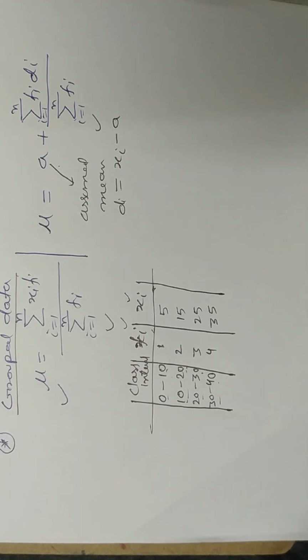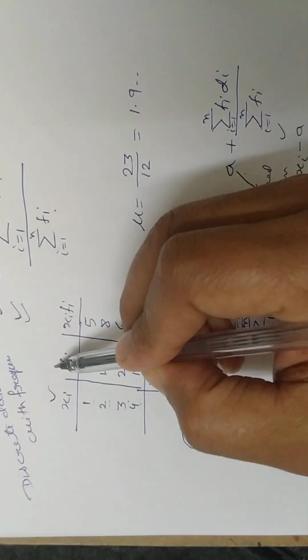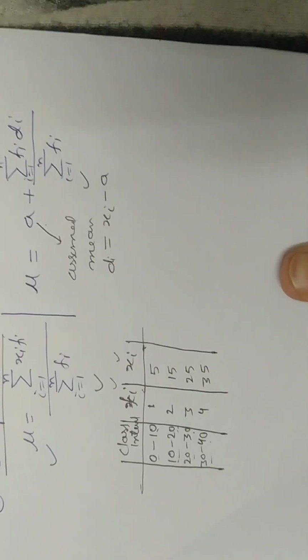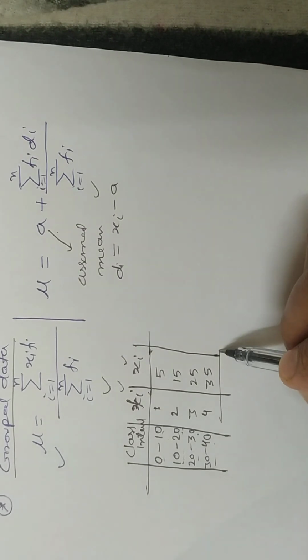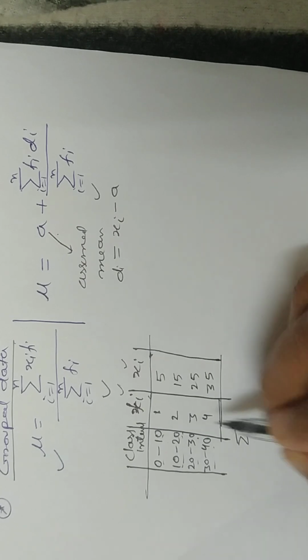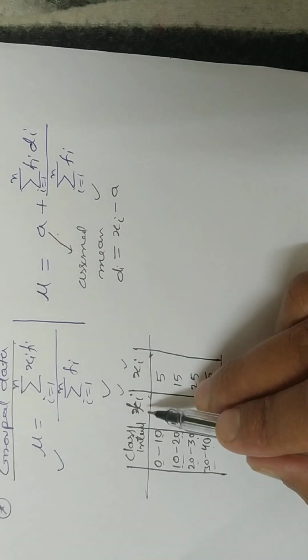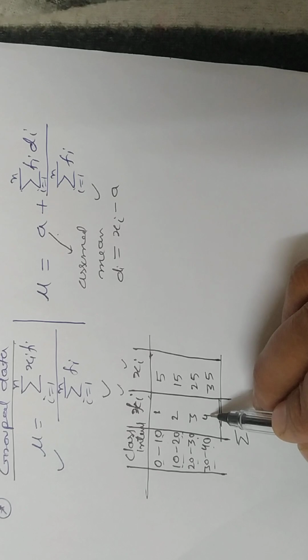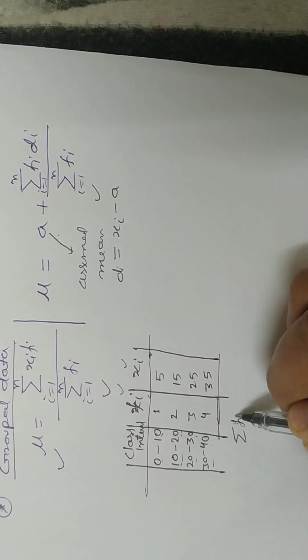Now we can easily calculate the mean with the help of the above process. Sum of fi is equal to 10.